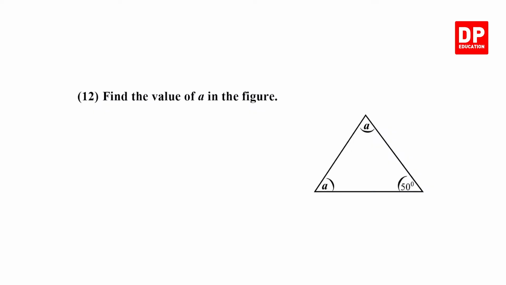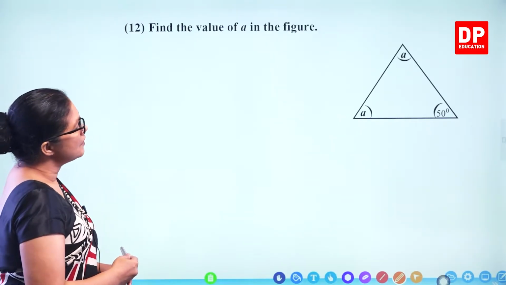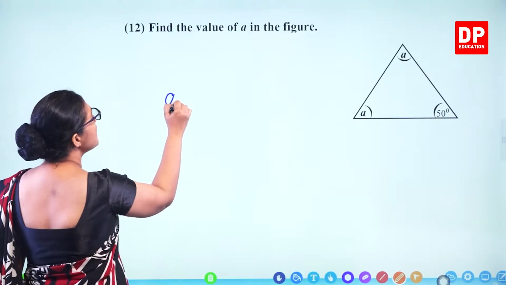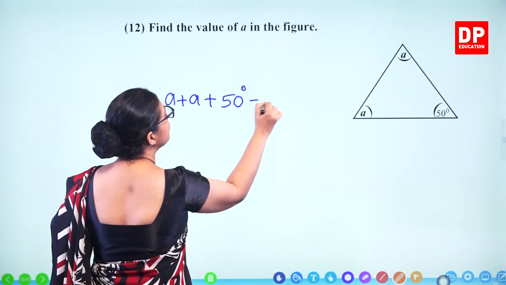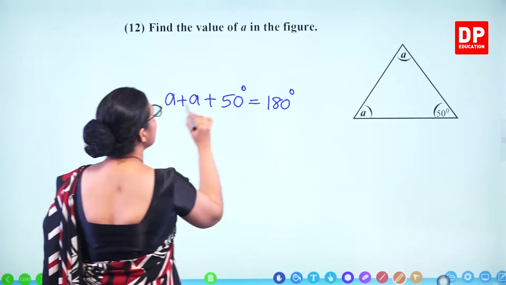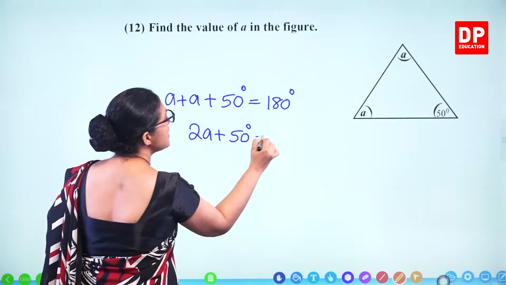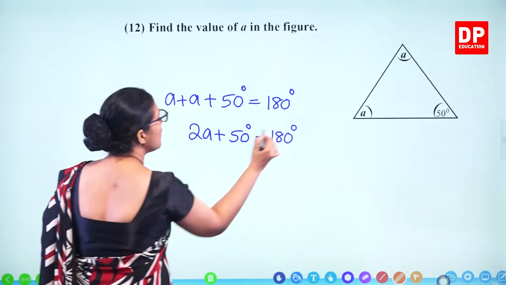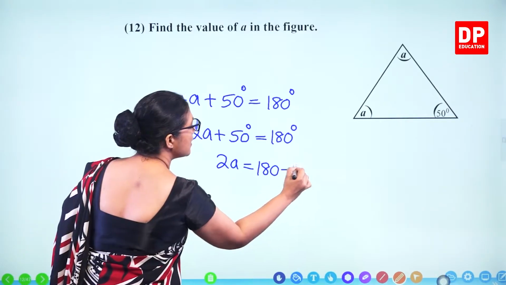Question number 12. Find the value of A in the figure. There's a triangle. The sum of angles in a triangle is 180. Simplify, you get 2A plus 50 equals 180. So what's it? For 2A, you subtract 50 from 180.